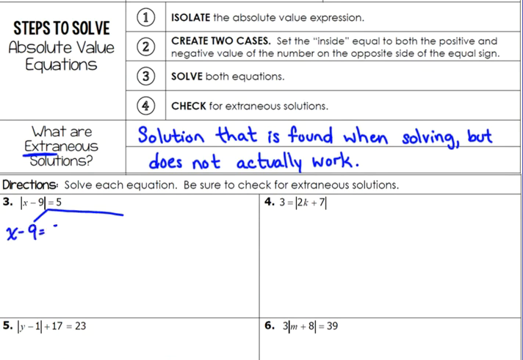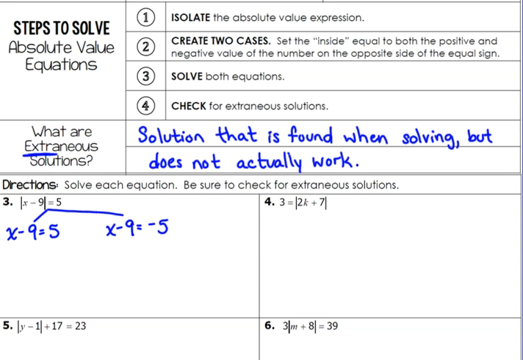So for the first one, you just keep everything the same. The absolute value bars are just gone. Okay, keep everything the same. You just drop those absolute value bars. For the second case, you keep everything the same except that number that was on the other side of the equal sign, you change its sign. So in this case, it becomes negative.